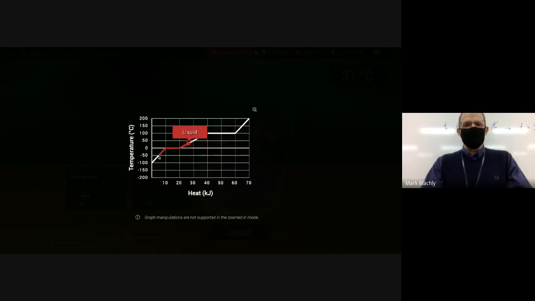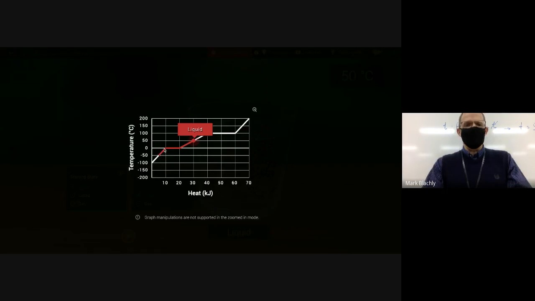Here's what happened. When it was all ice, adding energy caused it to warm up until it got to the special critical temperature called 0 degrees. When it got to 0, as we continued to add energy, so look at this graph here. On the x-axis, we have the heat. On the y-axis, we have the temperature.